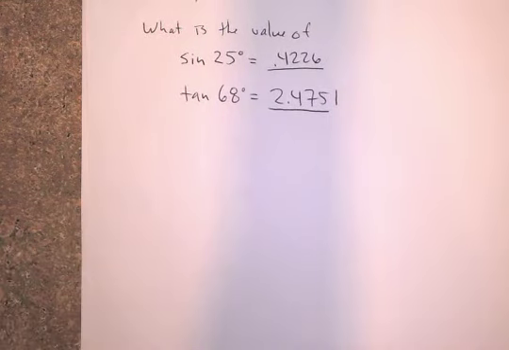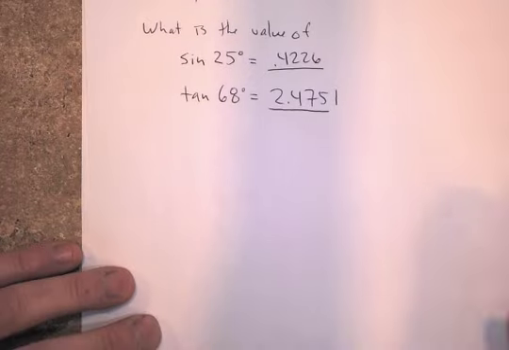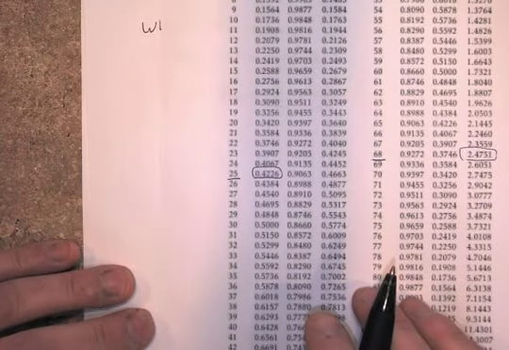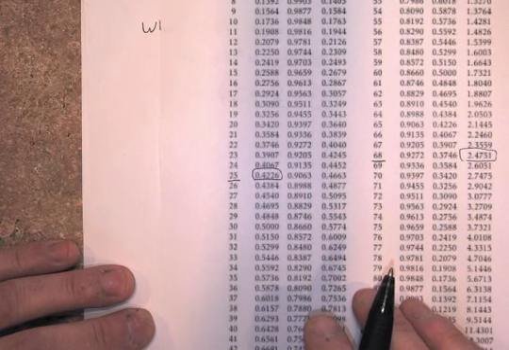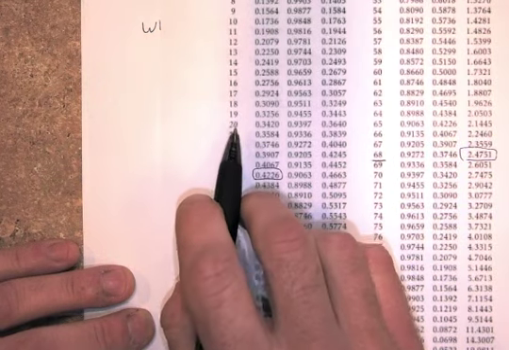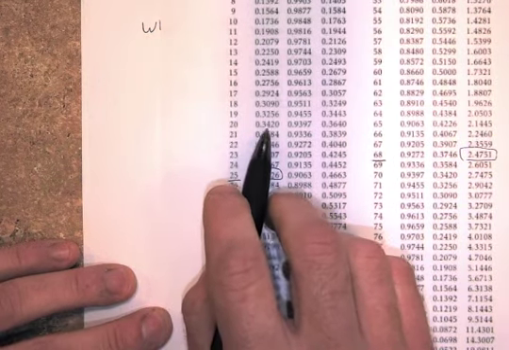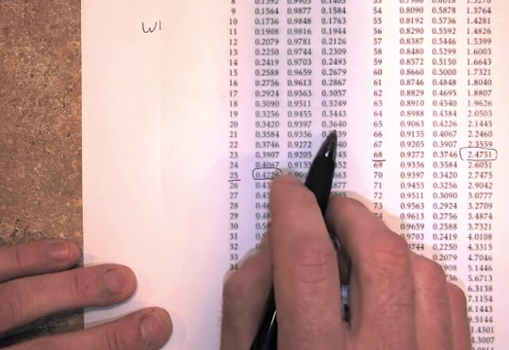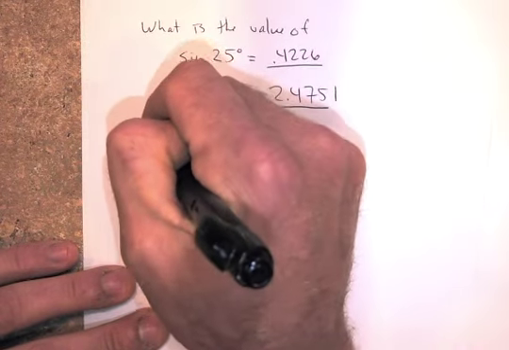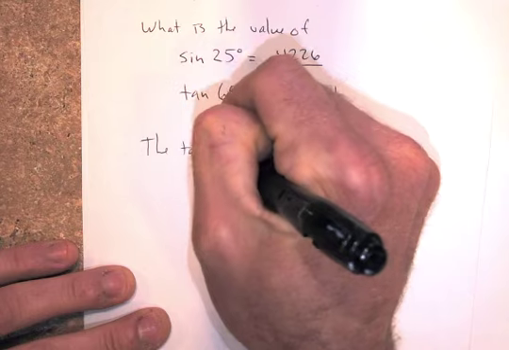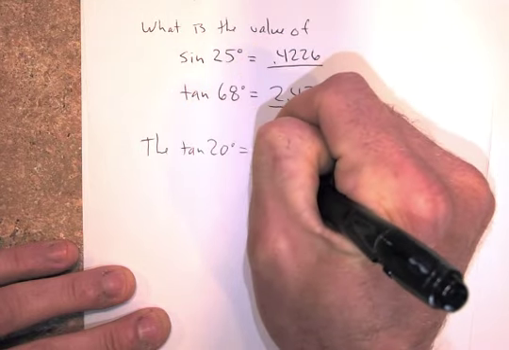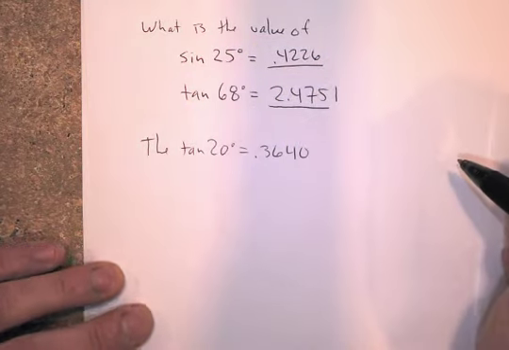Okay, the other question you'll see is something like this. It'll give you one of these. It'll say, hey, the tan of 20 degrees equals 0.3640.